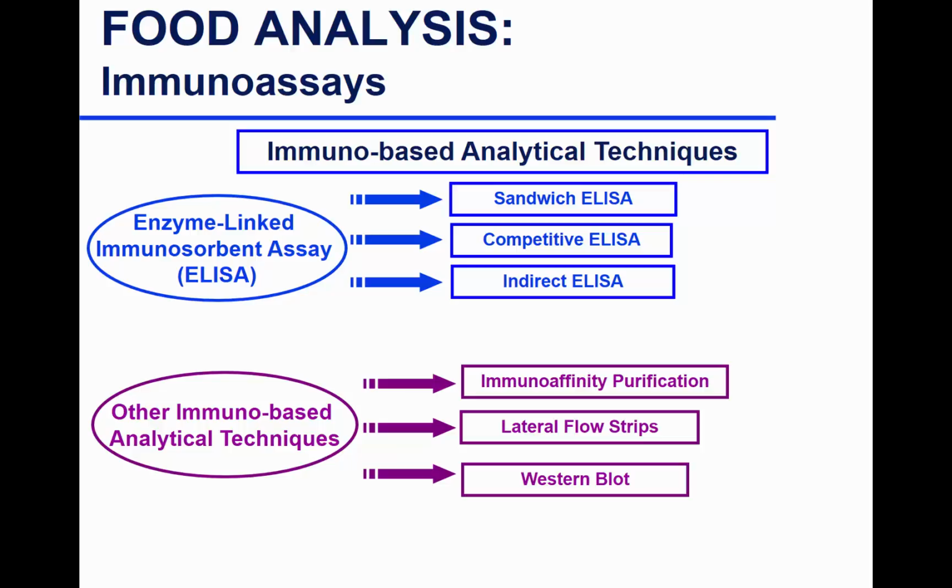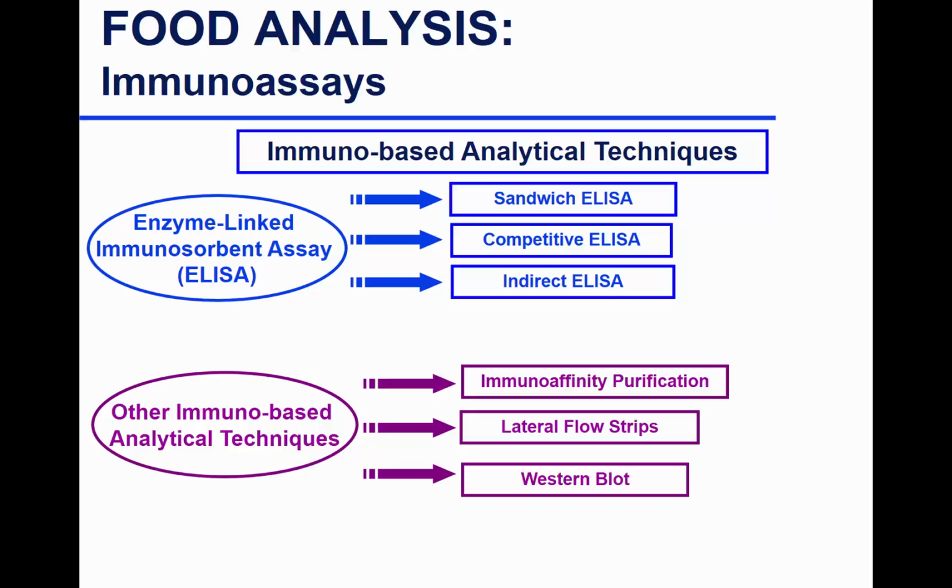Okay. So there are different types of immunoassays. You have the Enzyme-Linked Immunosorbent Assay, which we will give examples about. Common ones, or the most used one, are sandwich ELISA, competitive ELISA, and indirect ELISA, where sandwich ELISA can be direct ELISA and indirect ELISA. So we will talk about what that means in a minute. And then you have other immunoassays that are commonly used.